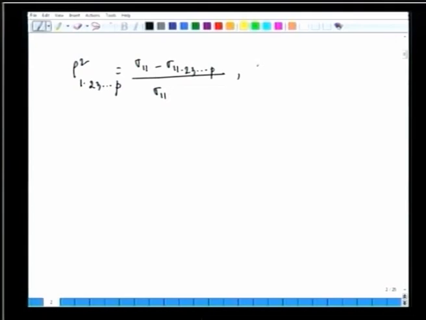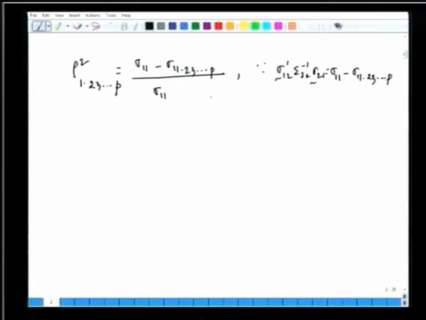This is coming from the fact that sigma 1 2 sigma 2 2 inverse sigma 2 1 was nothing but sigma 1 1 minus sigma 1 1 dot 2 3 to p. Why?